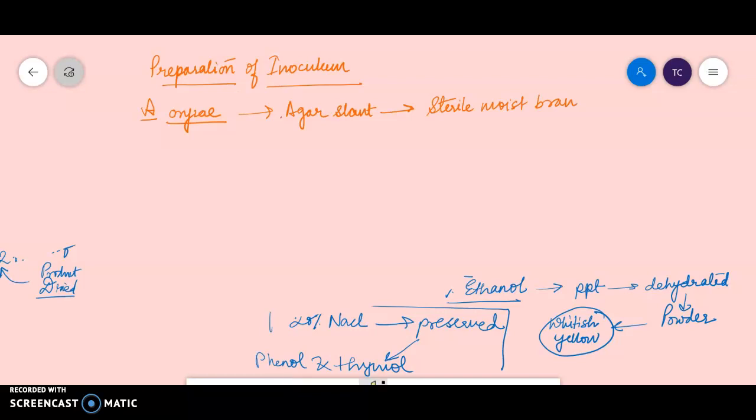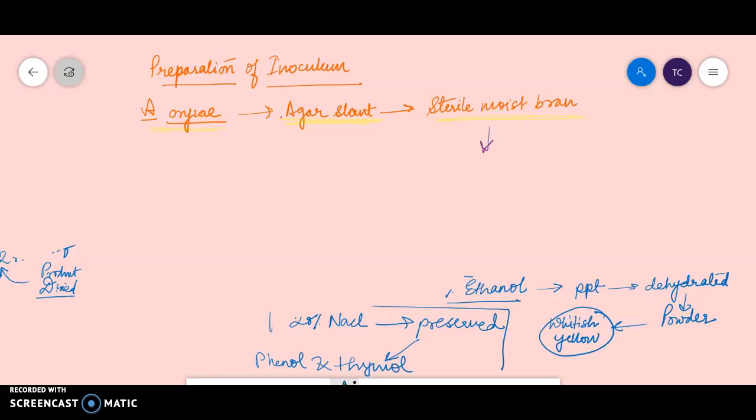So, Aspergillus oryzae is actually grown in agar slant, and then it is used to inoculate sterile bran. Now, what is happening?